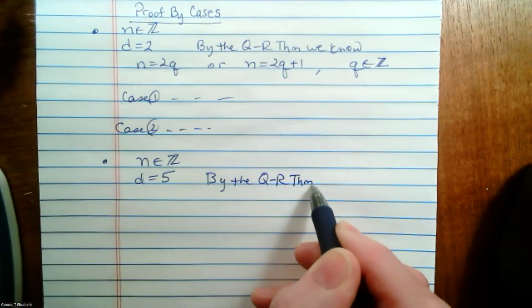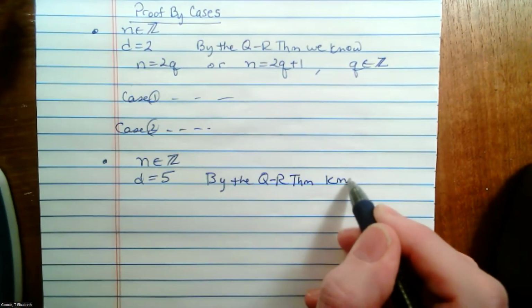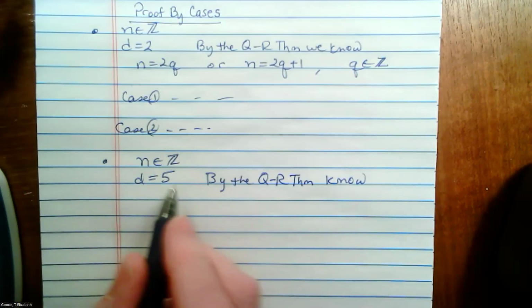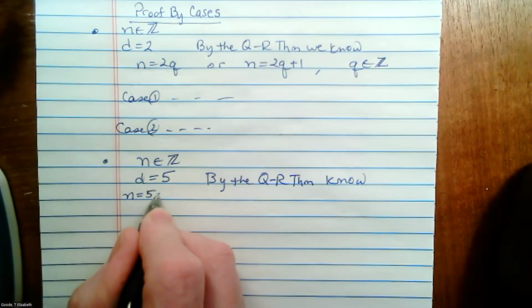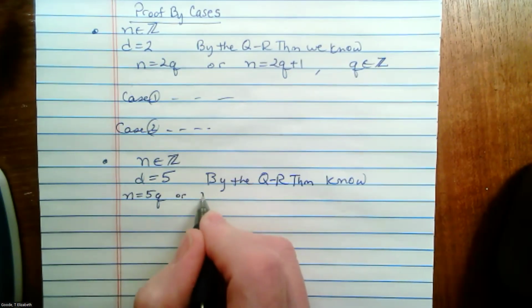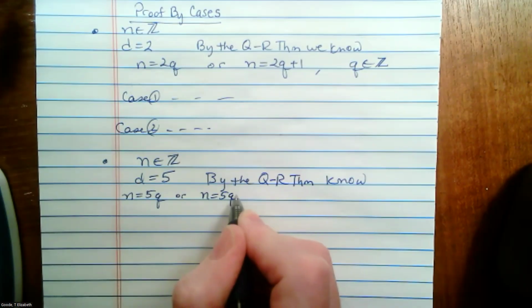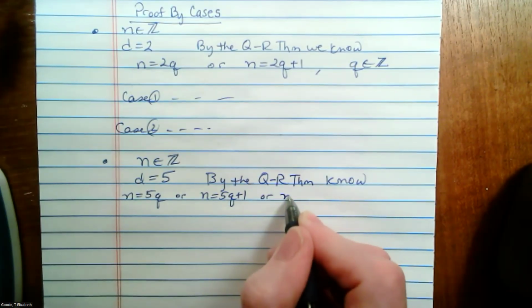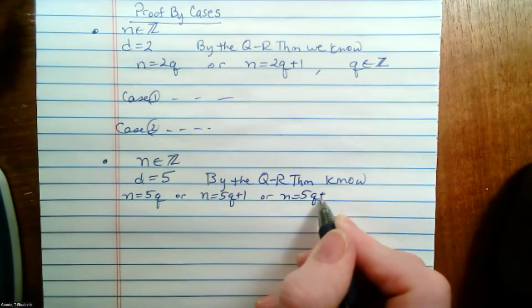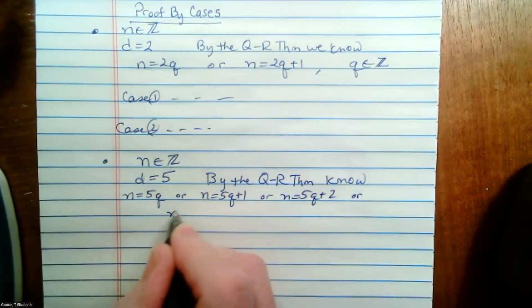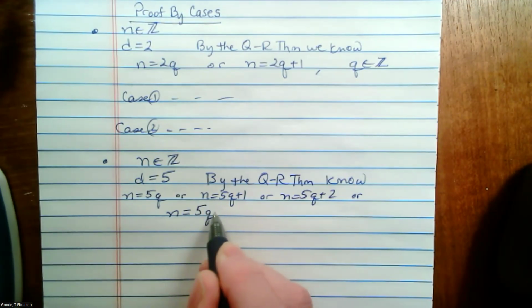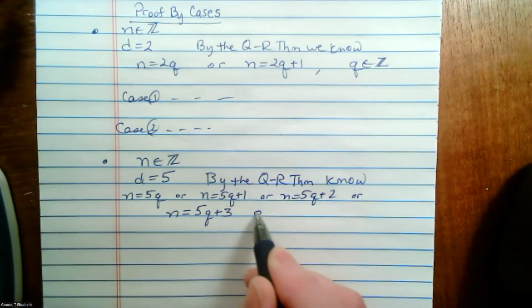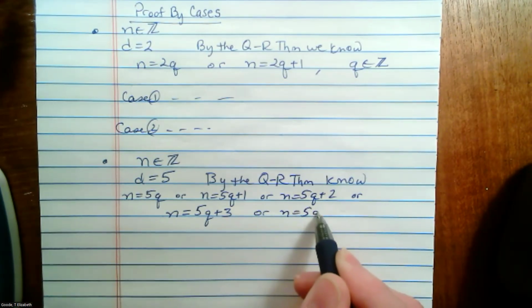They only wrote 3 of the cases. But there's going to be 5 cases because the divisor is 5. So either n equals 5q, or n equals 5q plus 1, or n equals 5q plus 2, or 5q plus 3, or n equals 5q plus 4.